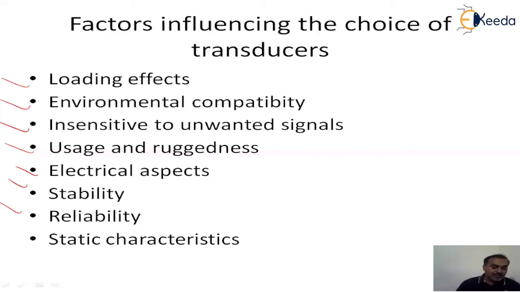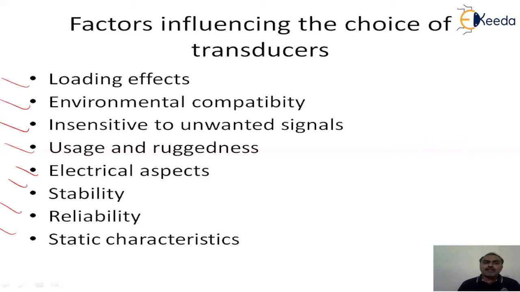And the final and foremost is the static characteristics. The static characteristics means how much the characteristics are static in nature. Generally, I give the input to this transducer and I need to get the 100% output at that time only. So here we need to check the accuracy in a static way, so we need to study the static characteristics.